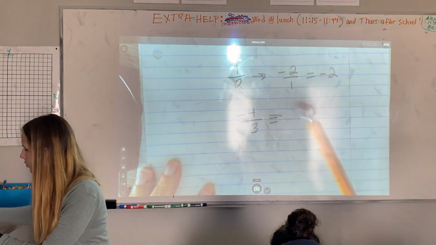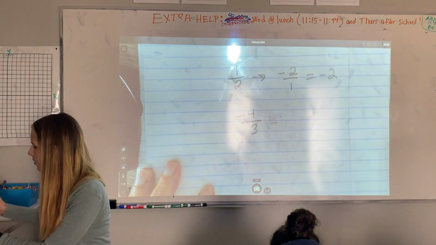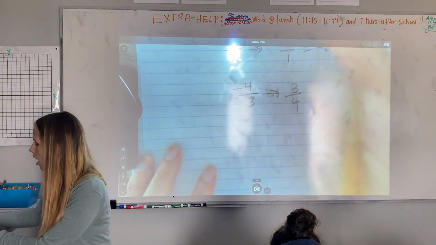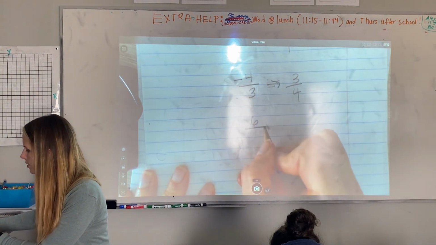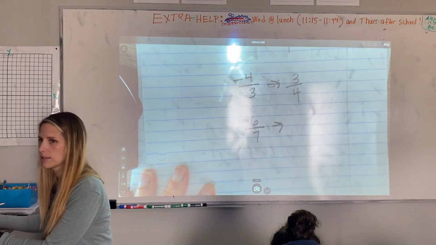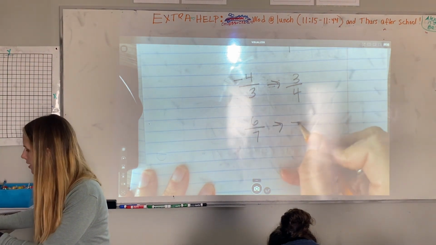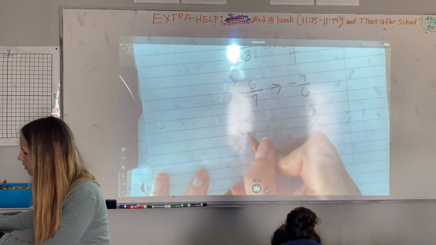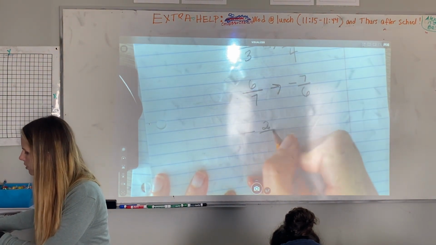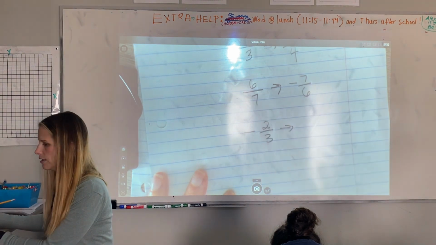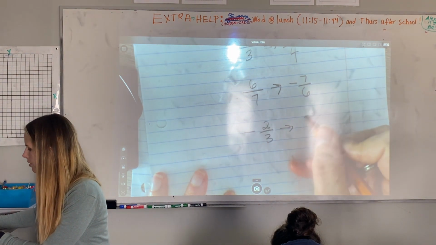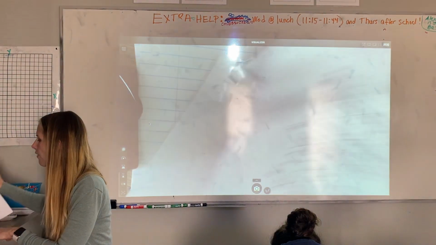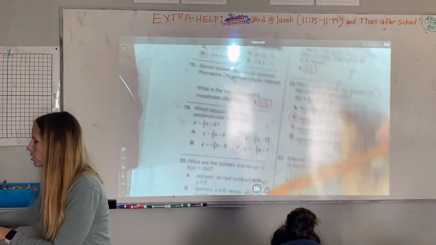It would be 3/4. Bella, what's the opposite reciprocal of 6/7? Very good, -7/6. And what is the opposite reciprocal of -2/3? +3/2. So perpendicular lines have opposite reciprocal slopes.